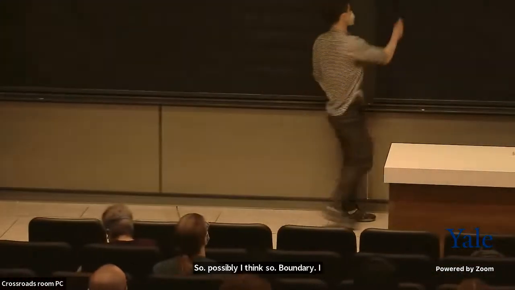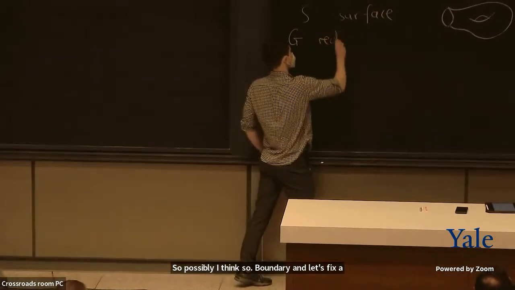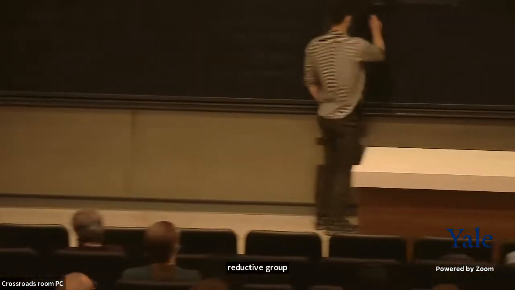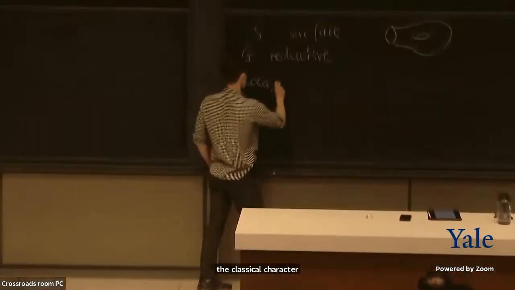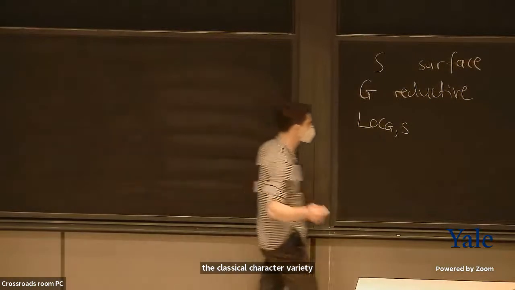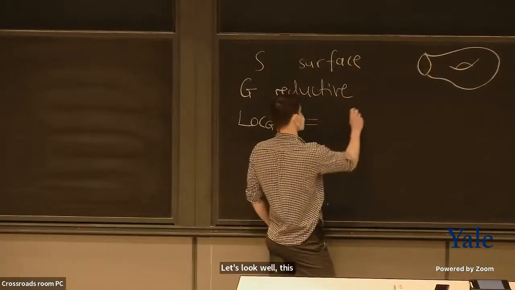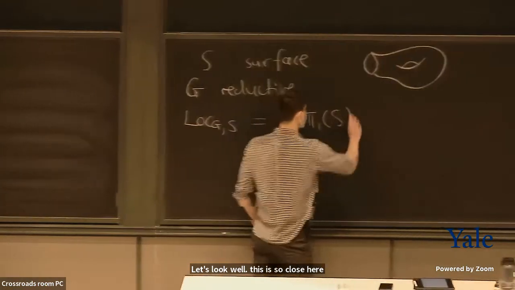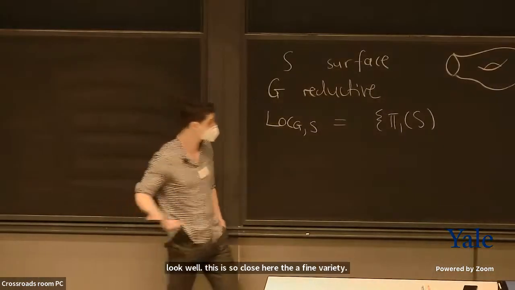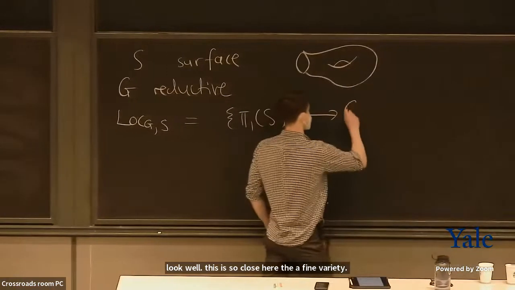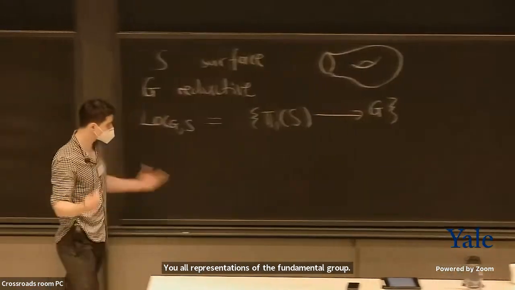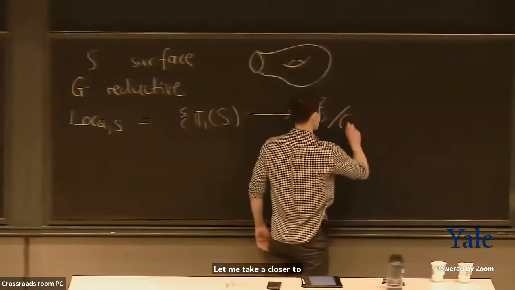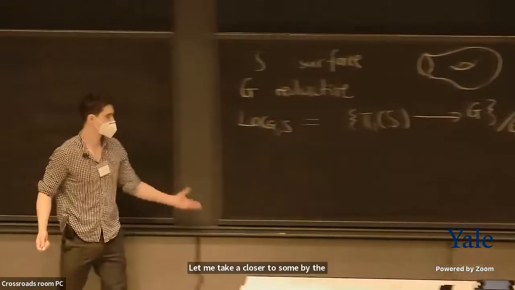And let's fix a reductive group G. Then the classical character variety associated to this pair, let's call it Log_G,S, is the quotient of the affine variety of all representations of the fundamental group of our surface S into the group G. We take the quotient as an affine variety by the natural conjugation action of G on the set of such representations.